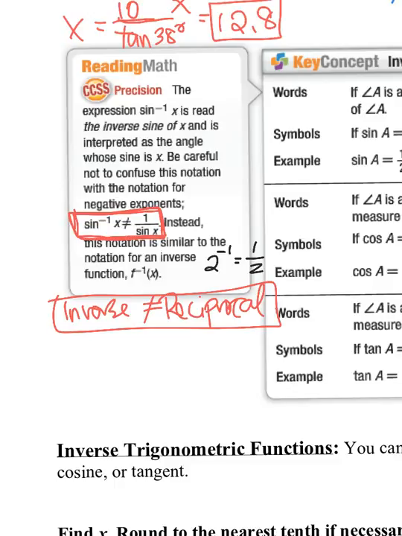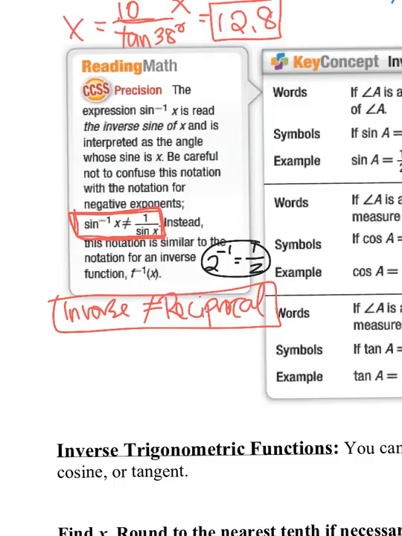And we automatically think, okay, if I see that negative 1 up there, that means reciprocal. With exponents, it's true, but when we're talking about functions, the negative 1 does not mean reciprocal, it means inverse. So let me give you an example.